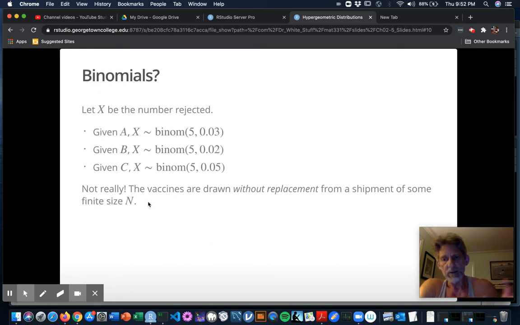They lack independence because, if the first vial you pull out is ineffective, then you've changed the proportion of ineffective vials remaining in the shipment. And so you're changing the chance of getting an ineffective vial on your second try, and so on. What you really have here is the hypergeometric situation, not the binomial one.